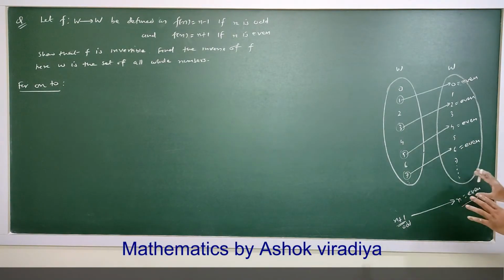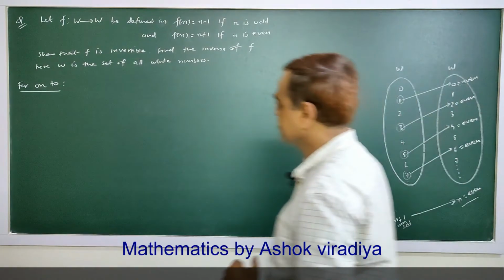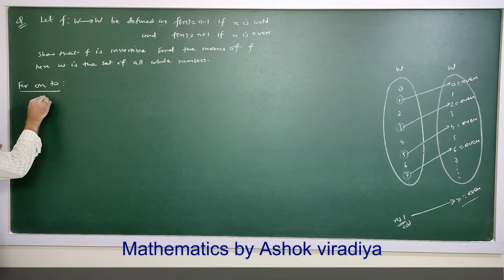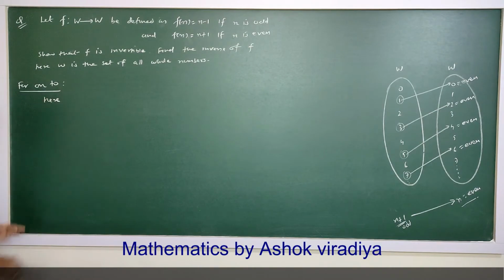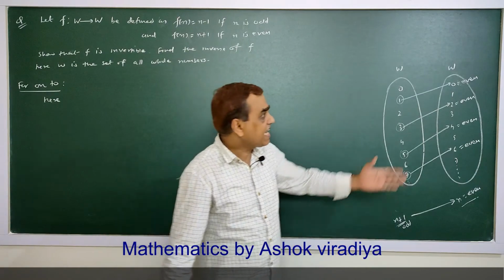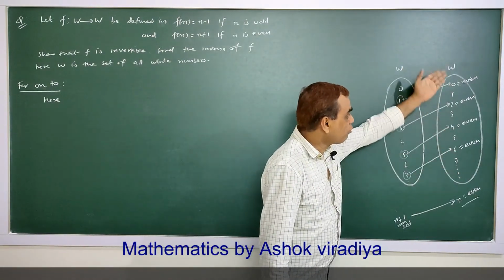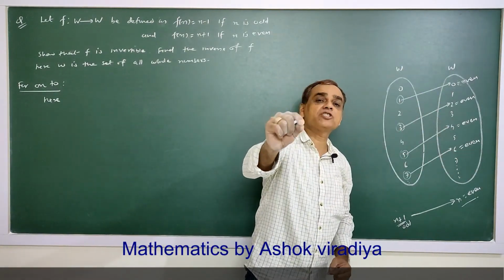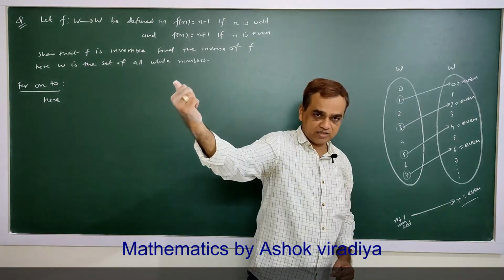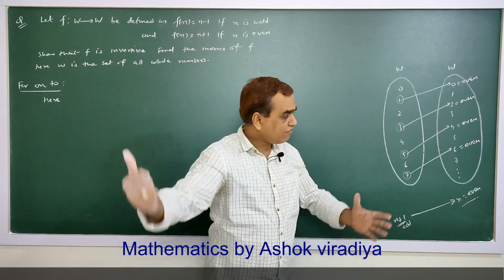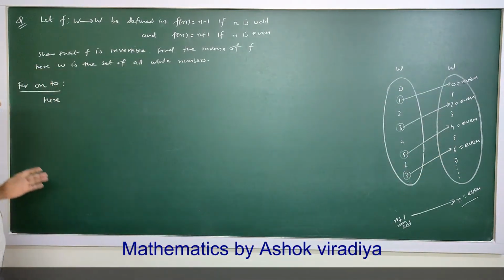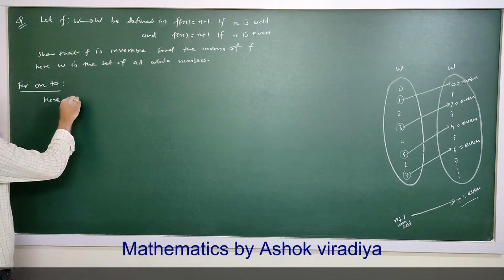So first of all, I am putting this statement. For ontoness, we are going to show that every element of the codomain is the image of someone in the domain. So first of all, the discussion is for even numbers.